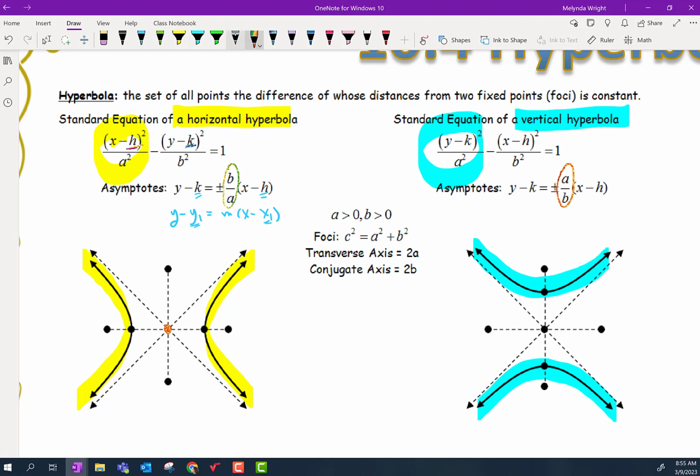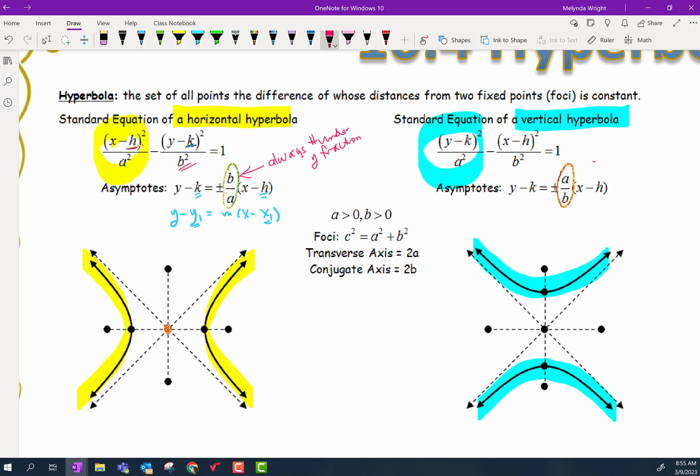The top number is always the number under the y fraction. Okay, it's always the number under the y fraction. If you look right here, it's the number under the y fraction, which happens to be b squared.